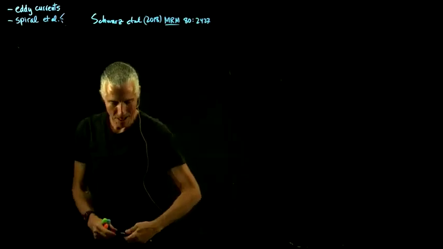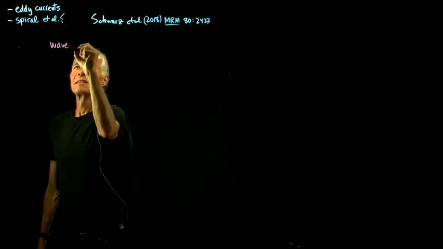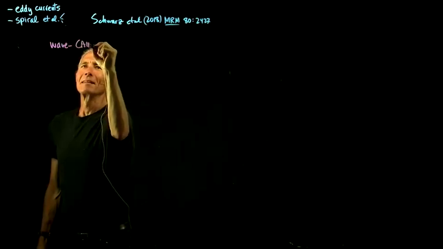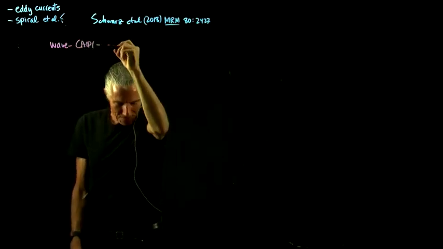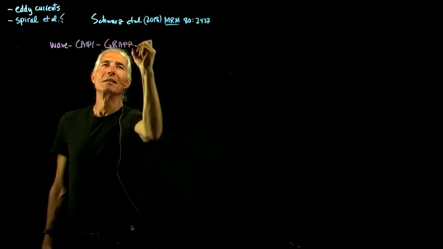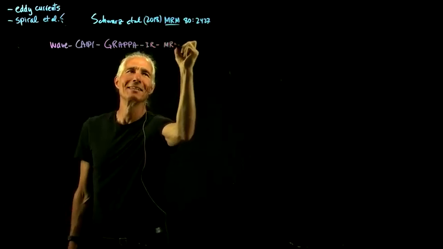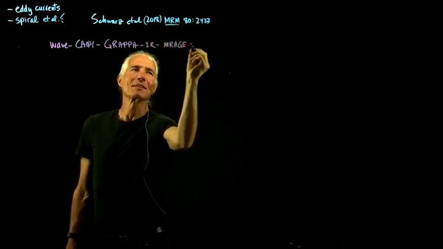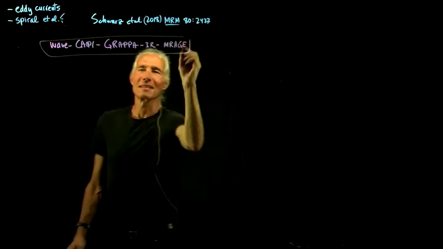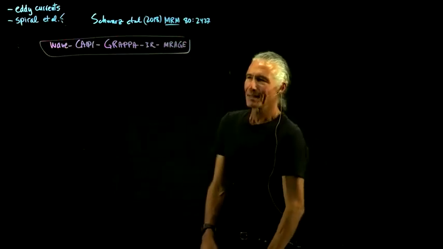It's a Wave-CAIPI GRAPPA inversion recovery MP-RAGE. So what are all those things, and how can you get a high resolution scan, like a 1 by 1 by 1 scan in 40 seconds?